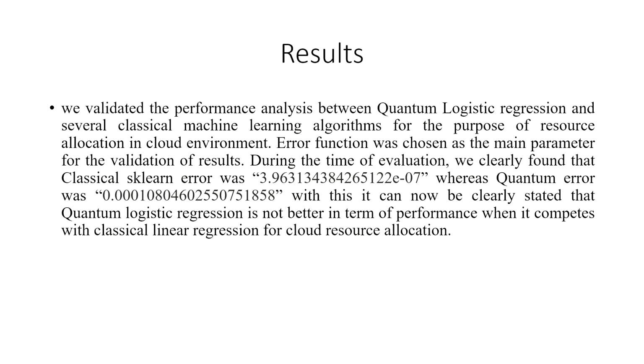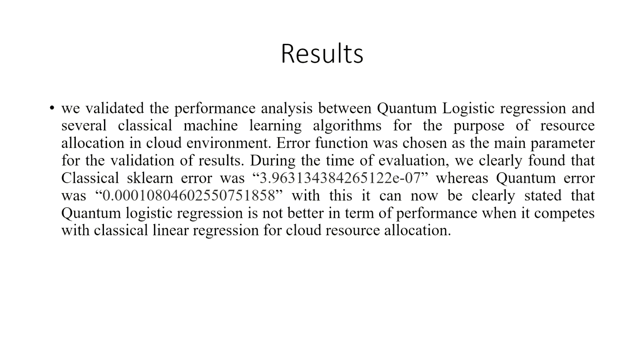During the evaluation, we clearly found that the classical sklearn error was 3.96 × 10^-7, whereas the quantum error was 1.08 × 10^-4, and we can clearly see the huge difference in these two types of error.